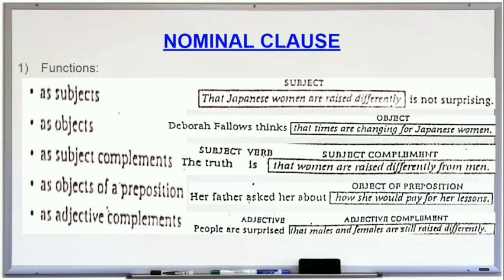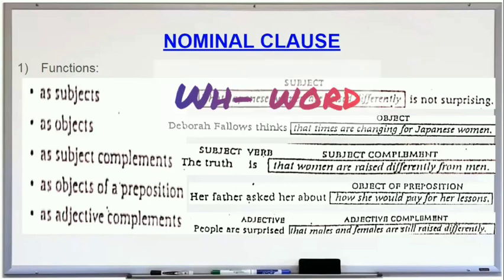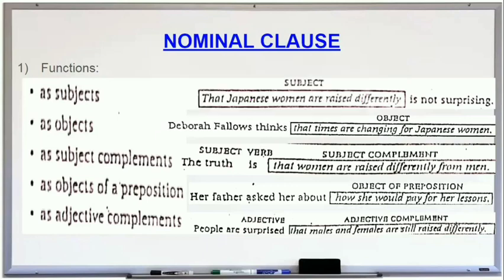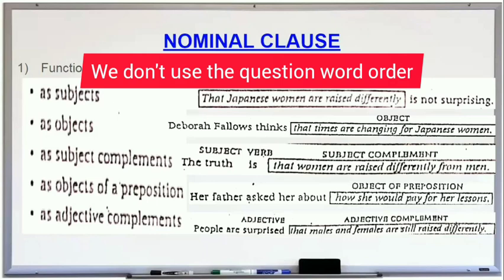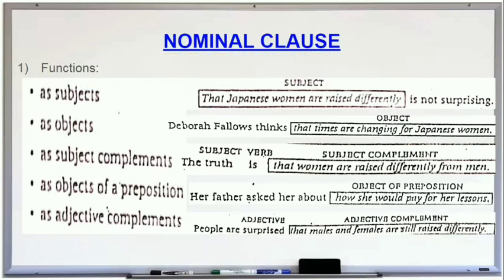So the second example, well, the same occurs with what, or, well, you can start this subject with a WH word. If it is a noun clause with a WH word, it can serve, again, as subject of a sentence, but careful, because the word order is not the one that we use in the question, that is to say, we don't use the question word order, using the auxiliary verbs, but we are going to use the statement order.